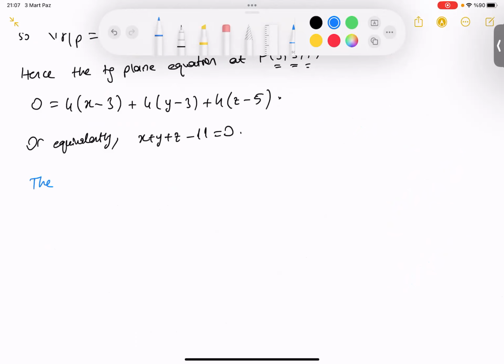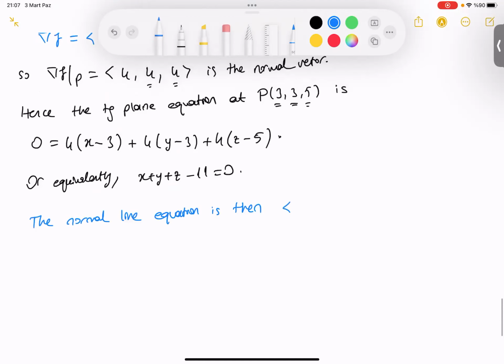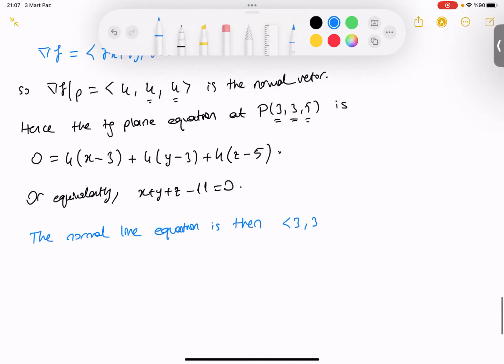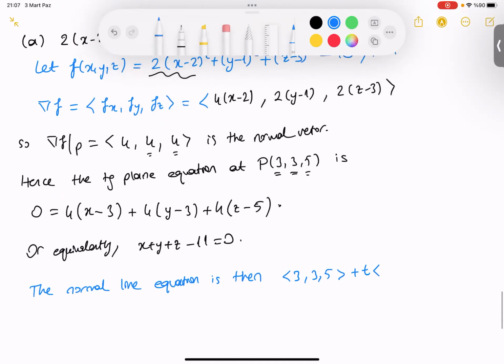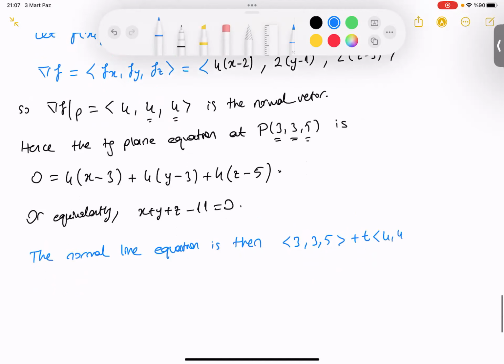So you just directly write the equation. So the normal line equation is then, the point is here, P, (3, 3, 5), plus t, any real number, times the vector, which is the normal vector (4, 4, 4).